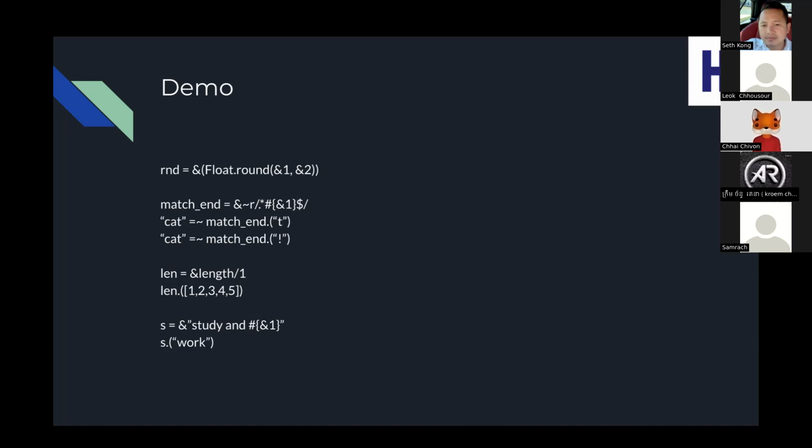The pound curly brace is what interpolates the string, right? When you want to interpolate the string, you use pound, open curly brace, parameter, and close it with curly brace. When you see that, that's a string where we want to display the parameter in the string. We call it interpolation.